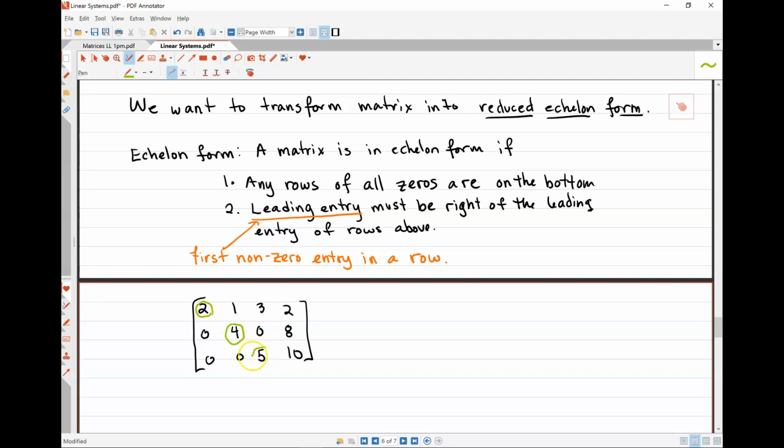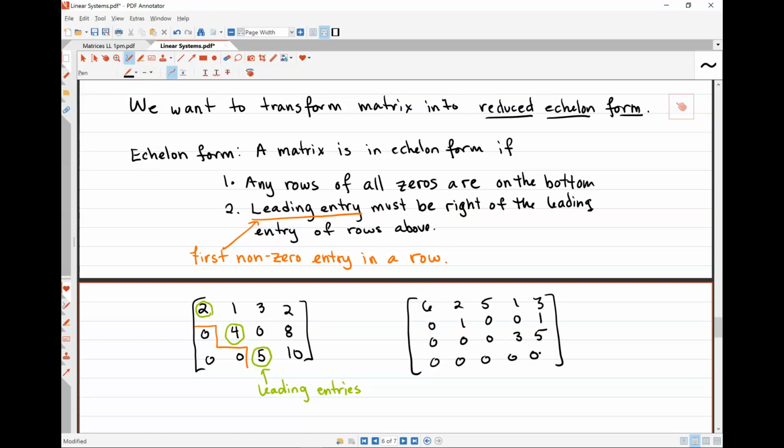So these are the leading entries. And each of these leading entries is to the right of the leading entries in the rows above it, right? And the net effect of that is that the zeros kind of form a staircase. So that's an example. Let's see a couple of other ones.